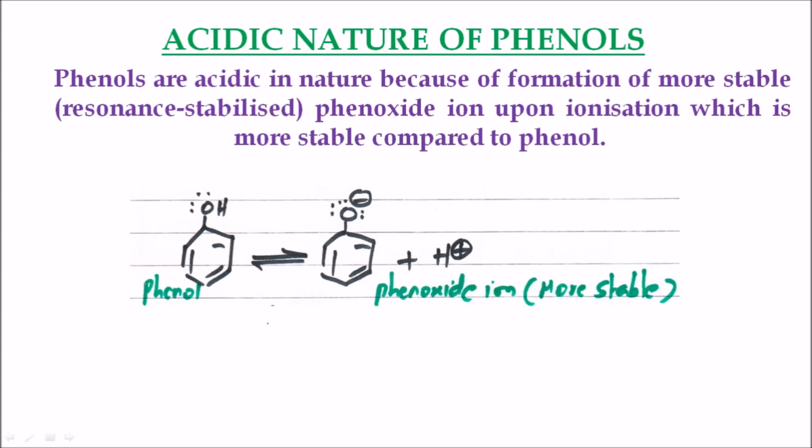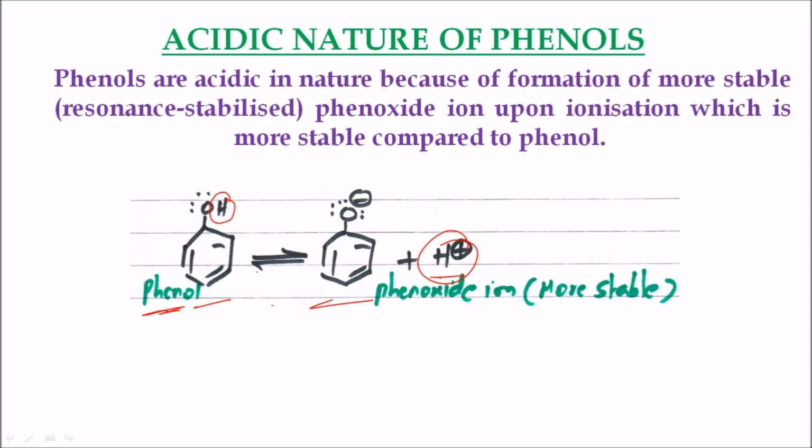If we take the acidic nature of phenol, C6H5OH, upon ionization it results in formation of a phenoxide ion and a proton, H+. If we are calling phenol an acidic compound, it means it should be able to release the proton easily.